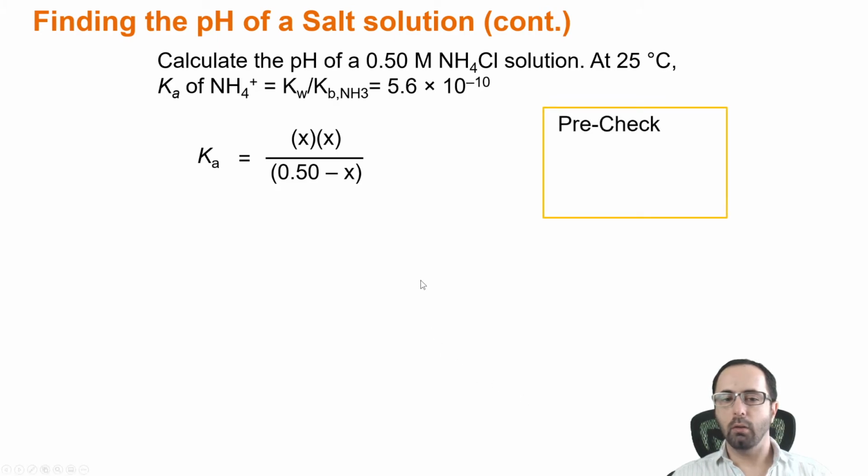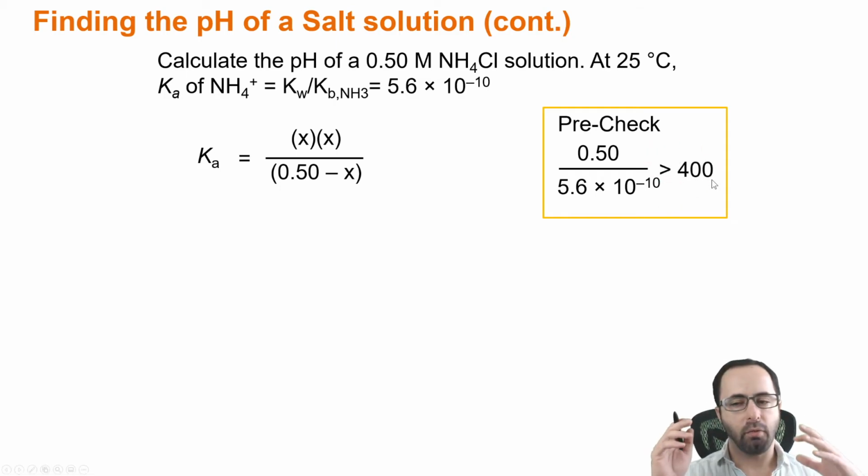And what we're going to want to do is a pre-check here. As usual, we want to make sure that our K is small enough that our X is going to be very small. So we take our initial concentration and divide it by the K, and we want to make sure this is greater than 400. It is far greater than 400.